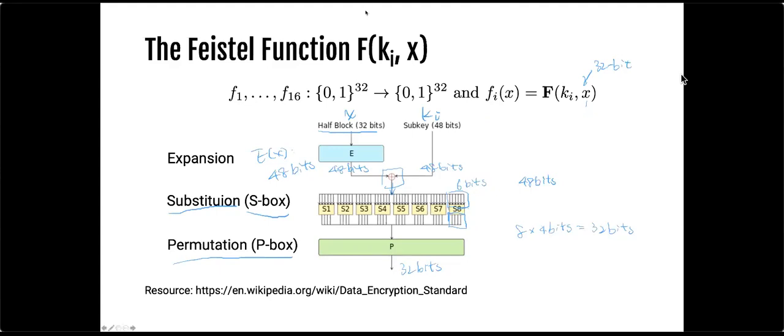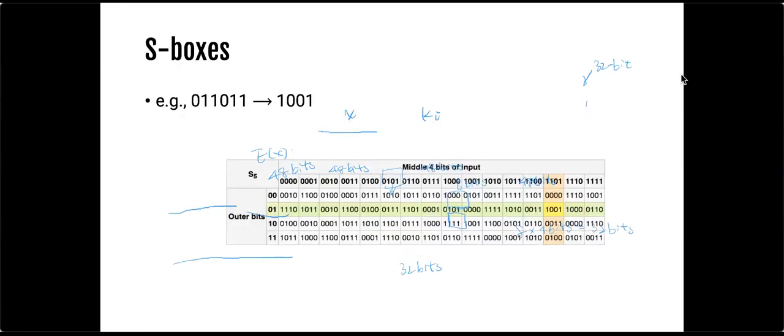All right, so this is the Feistel function. And then, as I said, we're going to talk about S-box. So this is very interesting. Let's take a look at S-box. What does an S-box look like? Here, I'm showing you an example.